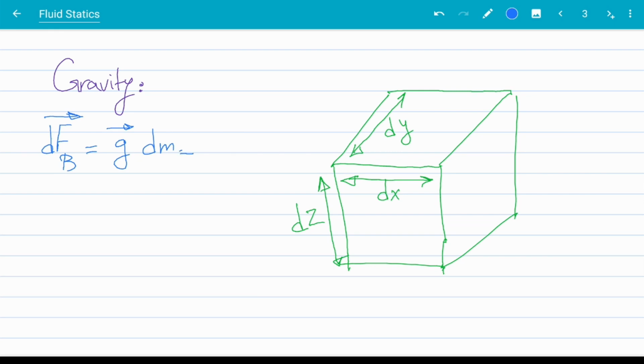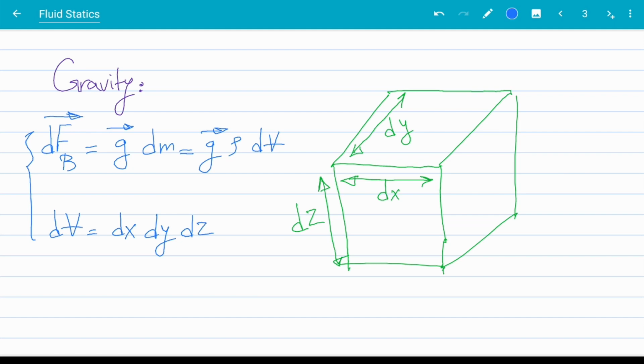I can manipulate this equation a bit further. Instead of dm, or the mass of the element, I can say rho, the density of this element, times dV, the volume of the element. Now, for a fluid element that looks like a cube like this, I know that the volume is equal to dx times dy times dz.